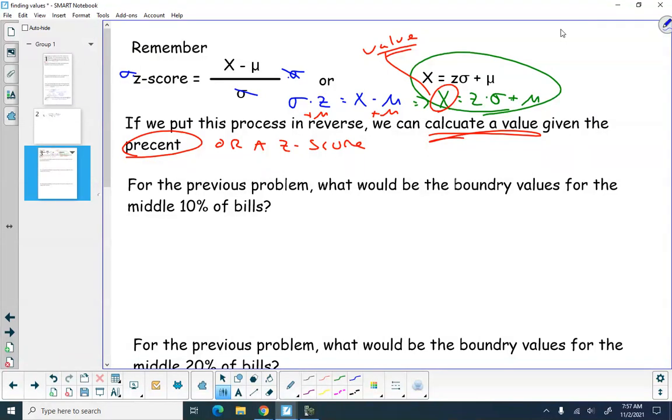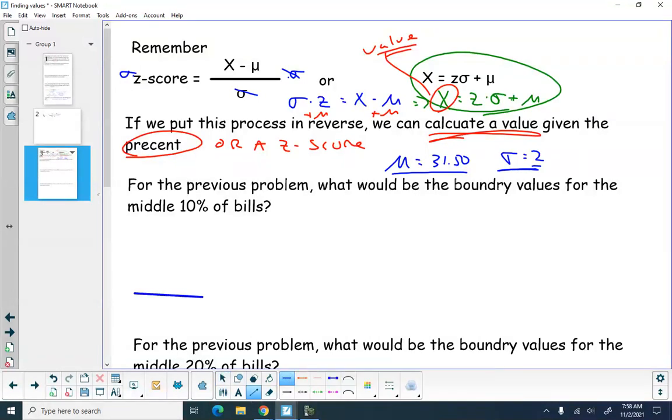For the previous problem, what would be the boundary values for the middle 10% of the bills? In our previous problem, the mean was 31.50. Our standard deviation was $2. That was the previous problem. We want the boundary values for just the middle 10% of these bills. So what does that look like on a bell-shaped curve?